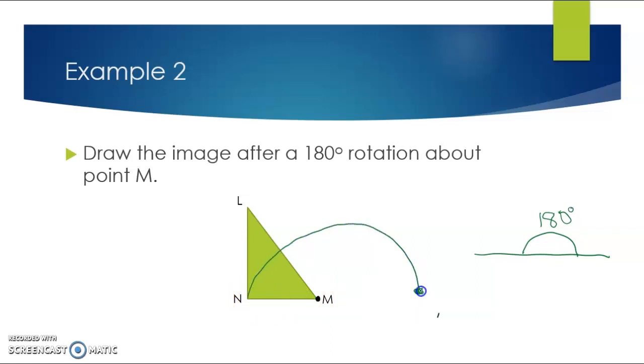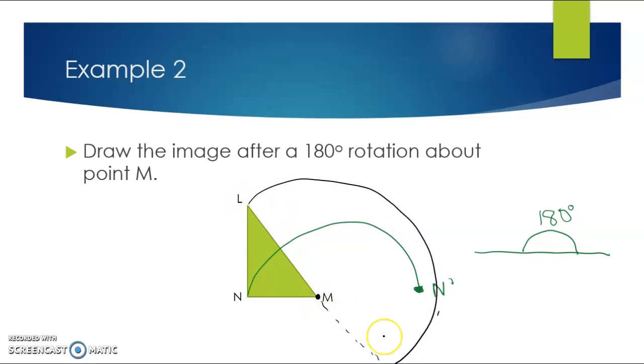So I'm going to put one point here, and that's going to be N prime. L needs to go 180 degrees around M. Well, think about extending that line. And it's going to go 180 degrees around there. So see, it is going to go off my graph just a little bit, but we'll do our best. We'll kind of fudge it a little bit.